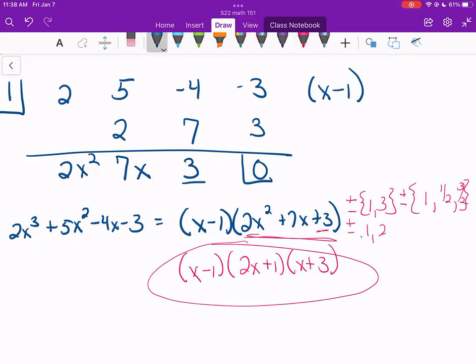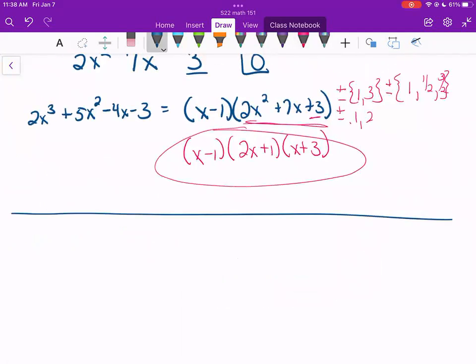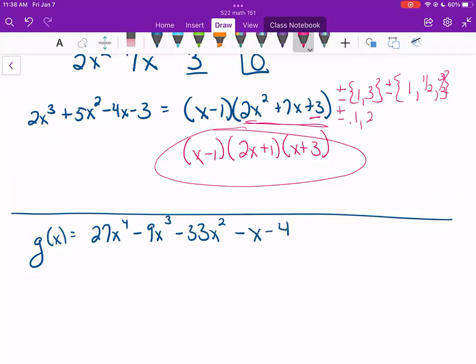Let's look at another example here to show you how this works. If I have the polynomial g of x is equal to 27x to the 4th minus 9x cubed minus 33x squared minus x minus 4. Remember, p, my factors of 4, are going to be plus or minus 1, 2, and 4. For q, I'm looking at 27.